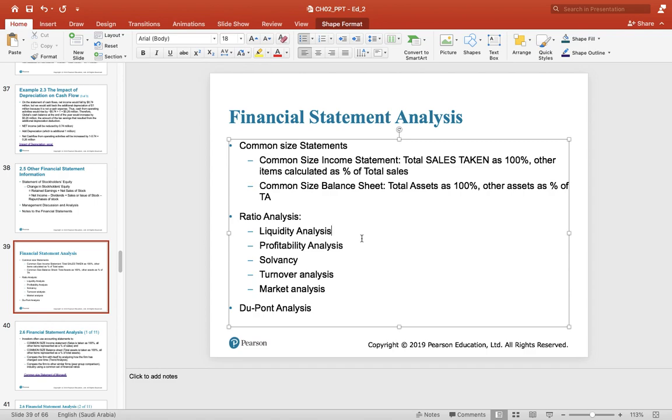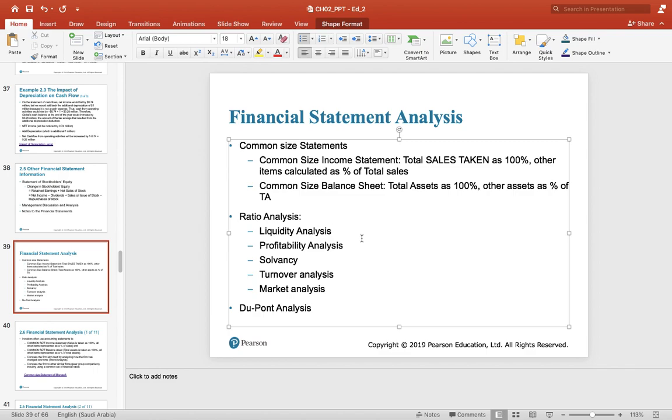All these things we see in the turnover analysis. In the market analysis, we see the price earning ratio, price to book value ratio, price to cash flow ratio, price to sales ratio, enterprise value ratio, and the list goes on.